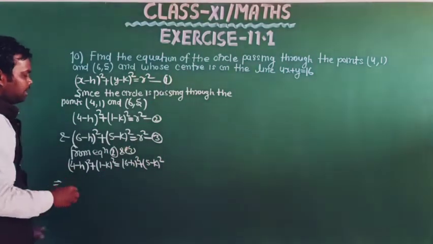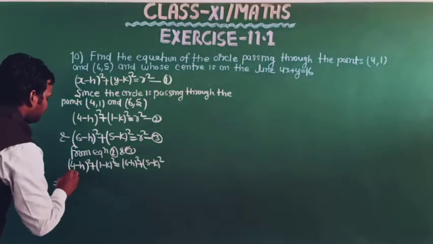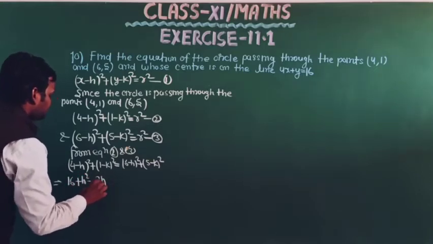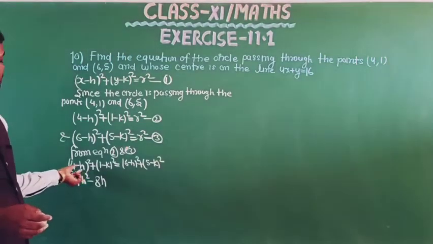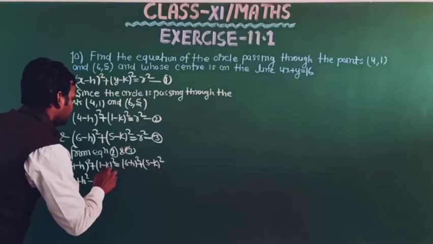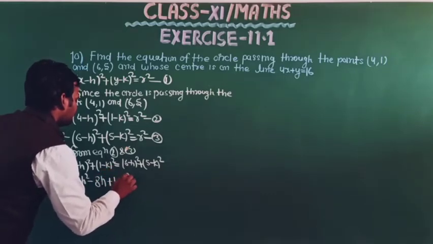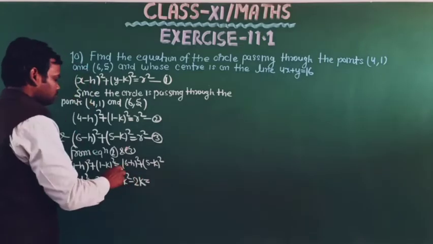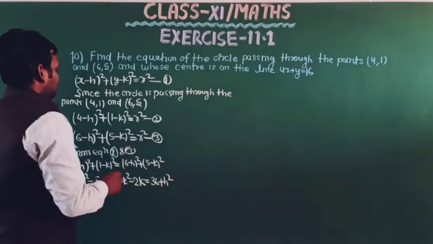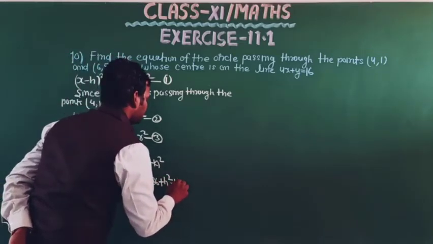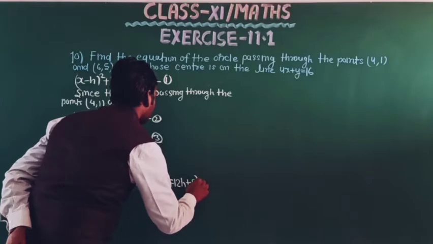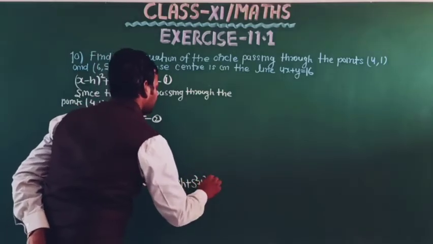So now simplify this expression using the identity (a - b)². This will be 16 + h² - 8h, and similarly (1 - k)² is 1 + k² - 2k, equal to 36 + h² - 12h + 25 + k² - 10k.